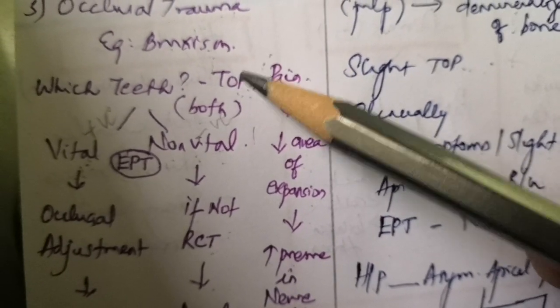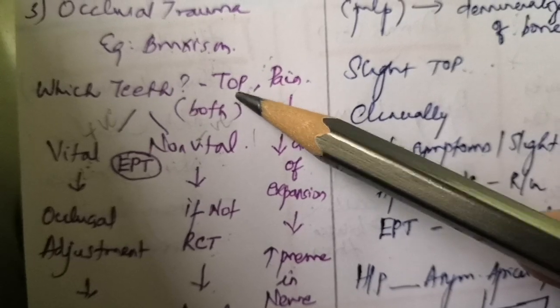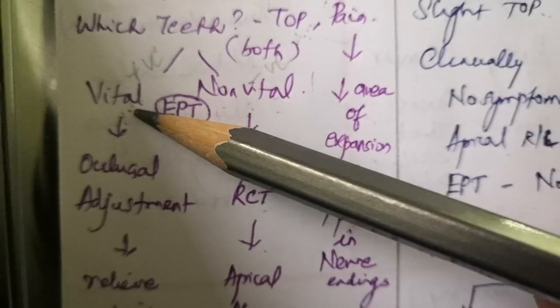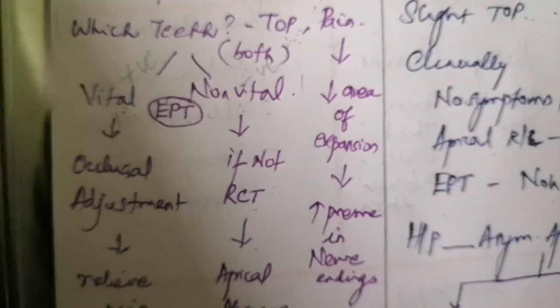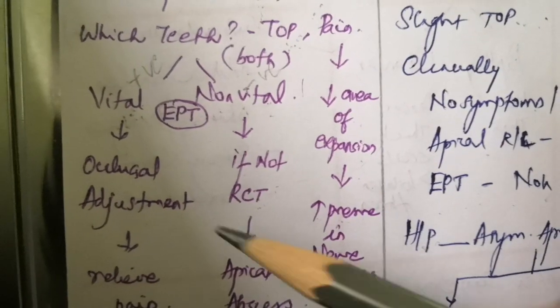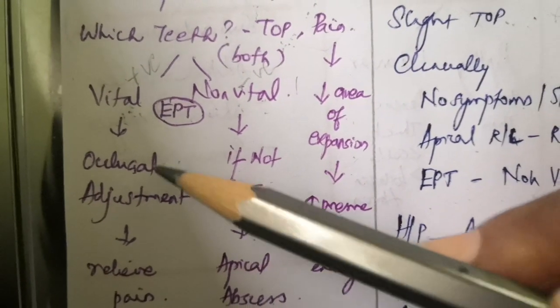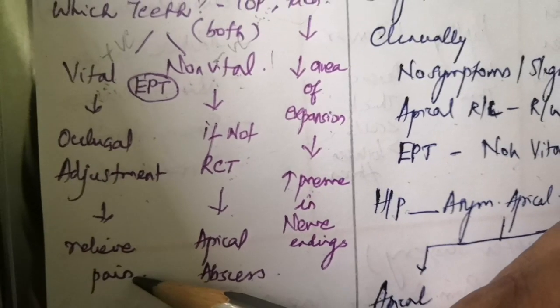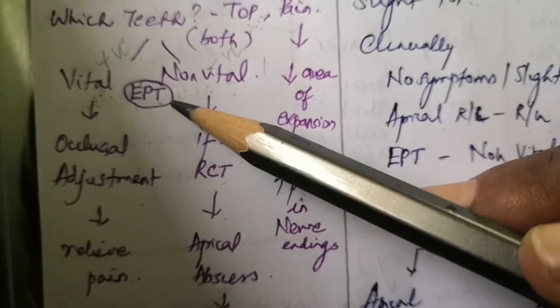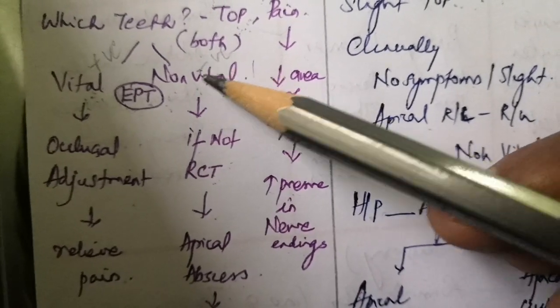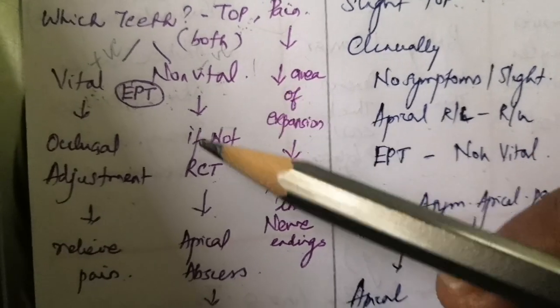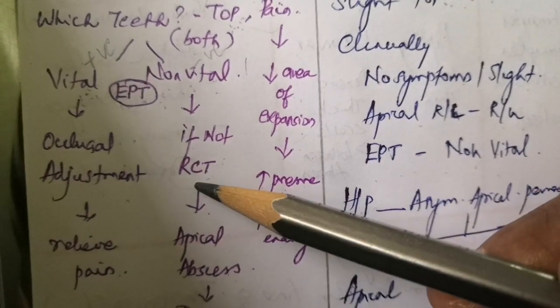When you tap on the tooth, you will have tenderness on percussion. If it is a vital tooth, you need not do any advanced treatment; rather, you can do an occlusal adjustment that will relieve the pain. If the EPT is negative, it's non-vital, so in that case you have to go ahead and do a root canal treatment.